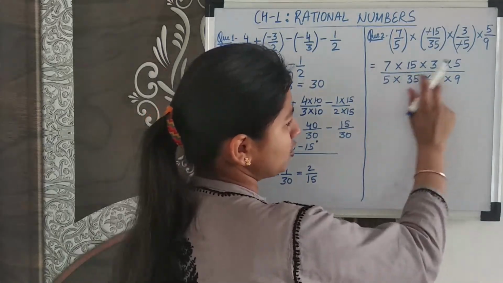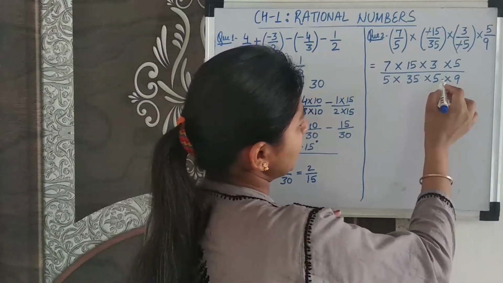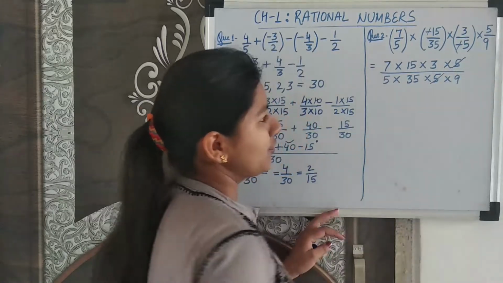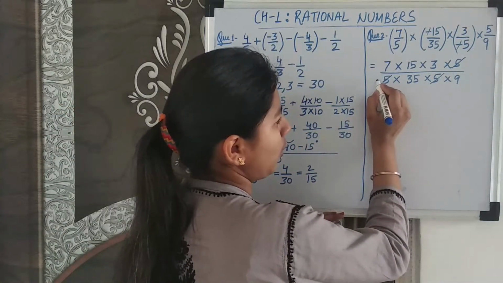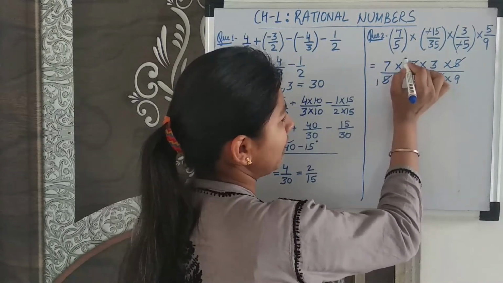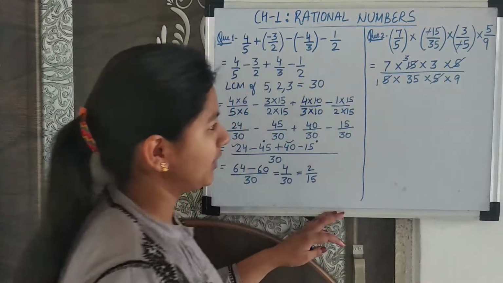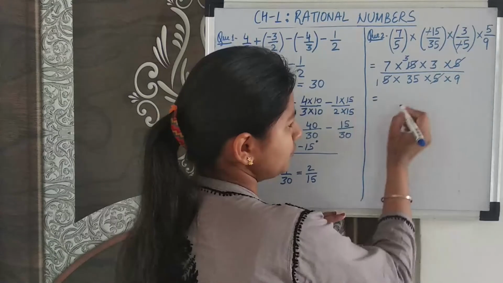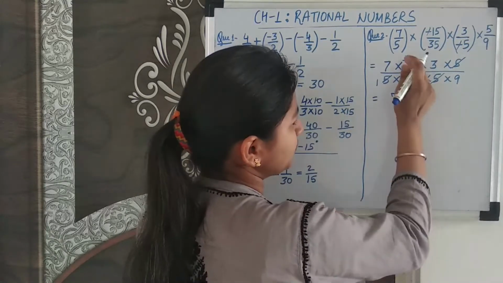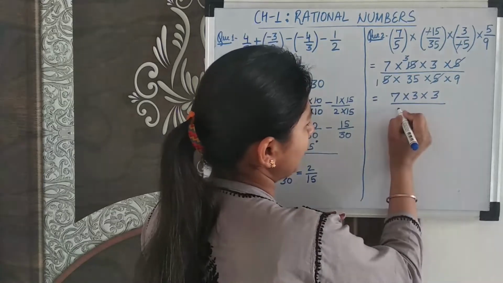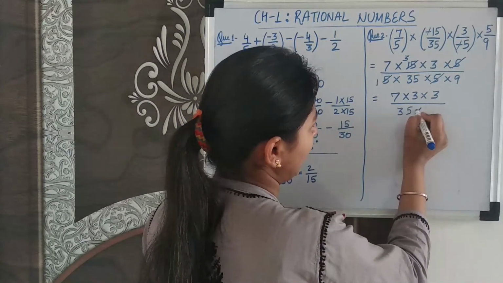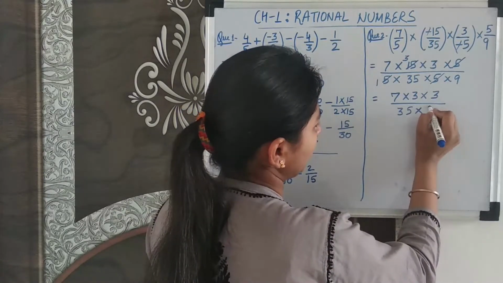So simply I have to solve this now. We can see this 5 and this 5 are cancelled. 5 ones are 5 and 5 threes are 15. 7 into 3 is left, one more 3 is left. At the bottom I have 35 and 9.